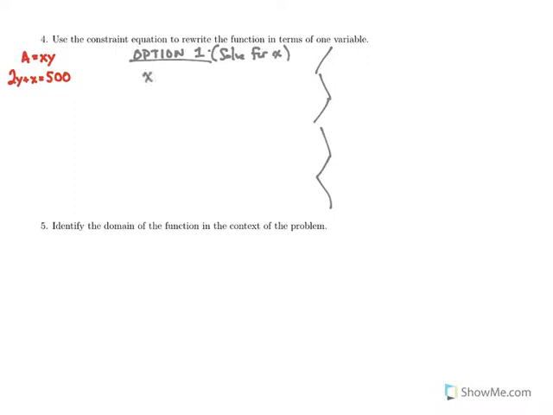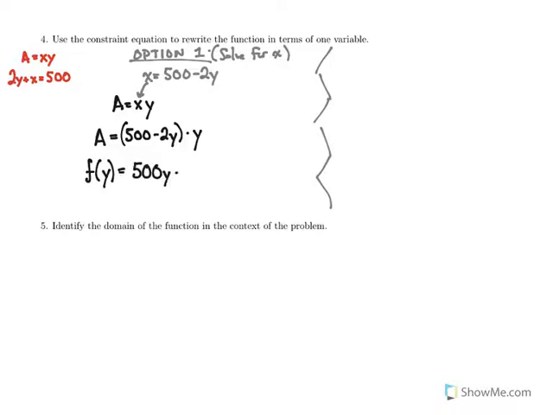That is, we're going to write x is equal to 500 minus 2y, and we're going to plug that into the area equation. If area equals x times y, we're going to plug in x equals 500 minus 2y. So that's going to give us A equals 500 minus 2y times y. And note that this is a function of y. We could write it as 500y minus 2y squared.